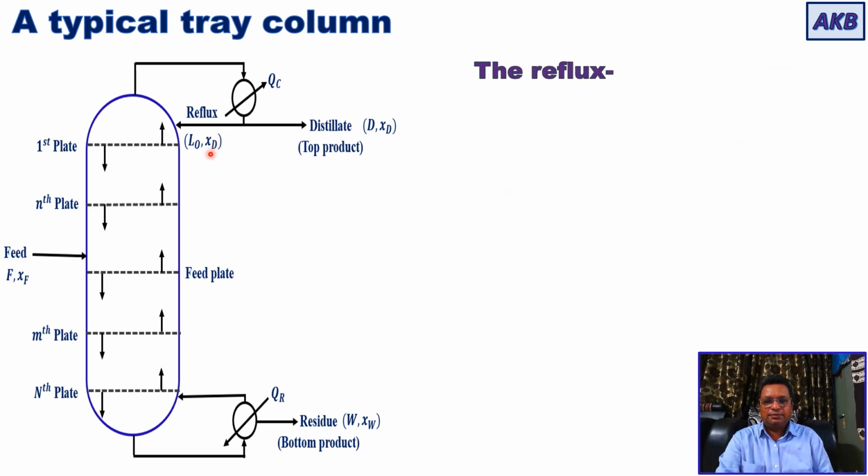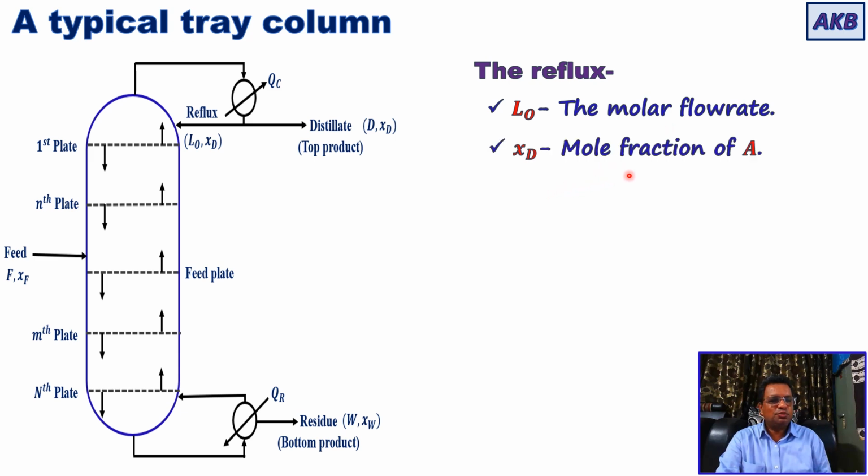Then, regarding notations for reflux, you have L0, the molar flow rate of the reflux, and XD represents the mole fraction of A. You need to understand that in the condenser you are dividing the condensate into two parts. The point is they will have the same composition.